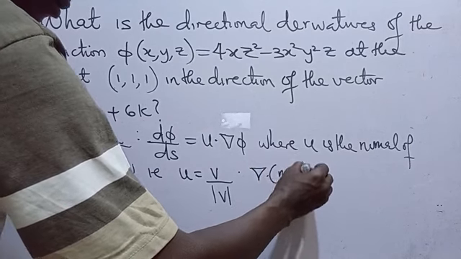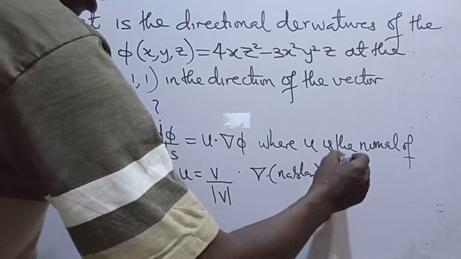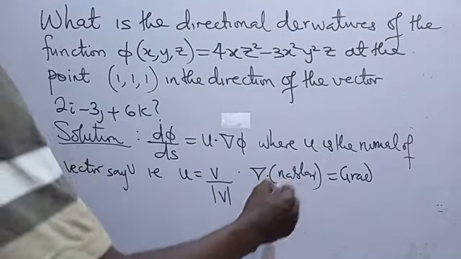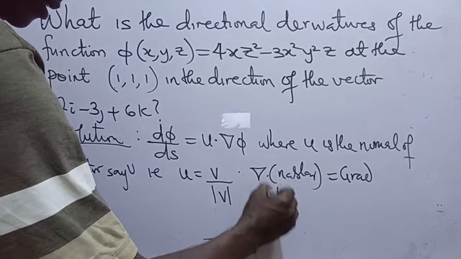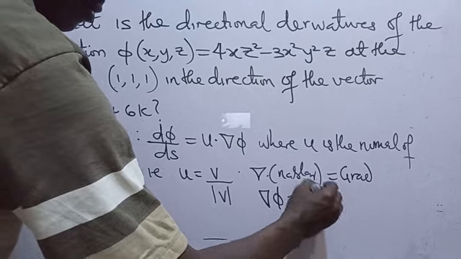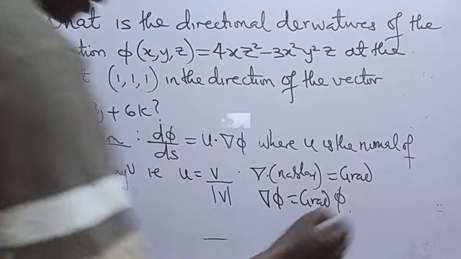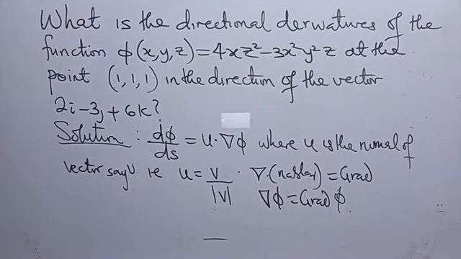The nabla operator is the gradient, grad. So grad of phi means grad phi. I hope you understand this. Now, that is the formula we are going to use here.